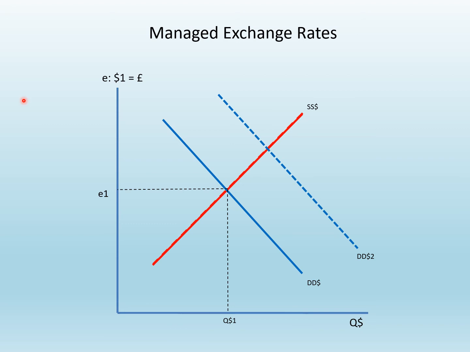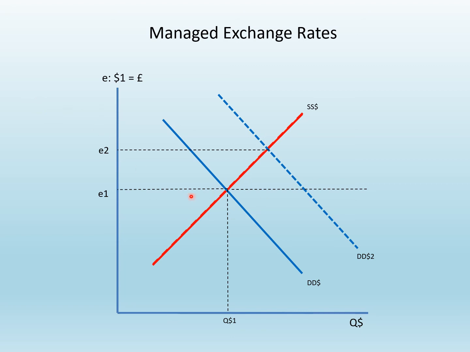If nothing was done to manage the exchange rate, this would have the consequence of causing the exchange rate to depreciate from E1 to E2. Let's imagine that the Bank of England, for whatever reason, wants to prevent that currency depreciation and would prefer to keep the currency at its original level at E1 as shown by the new dotted line.